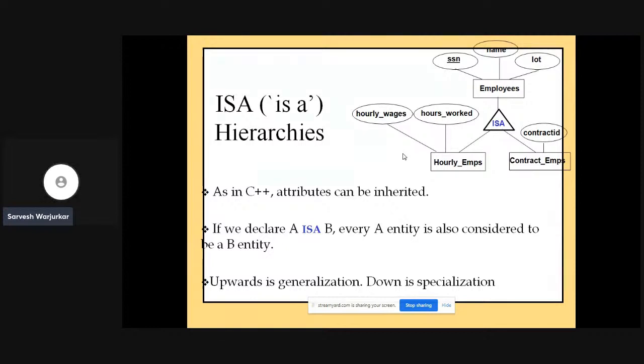If we declare A is a B, every A entity is also considered to be a B entity, where upwards is generalization and downwards is specialization.